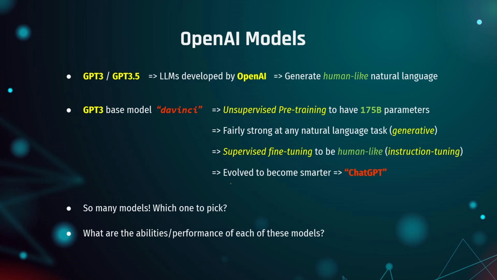So for example, how is Da Vinci different from ChatGPT? আমরা বলেছি Da Vinci, the base model, is pre-trained on a large and enormous corpus of text data, and it becomes generative where, without providing any explicit examples during training, it still is fairly good at any task involving natural language.